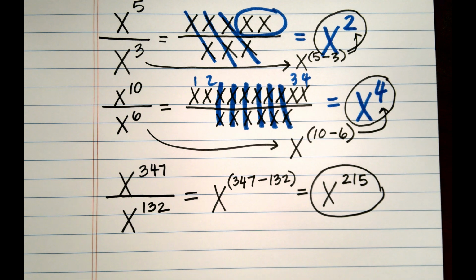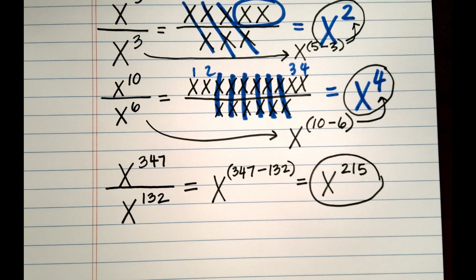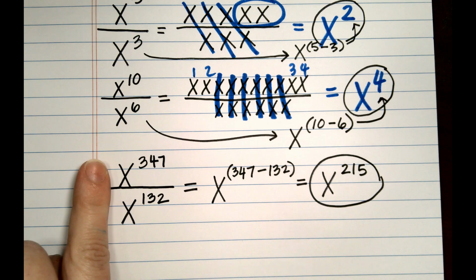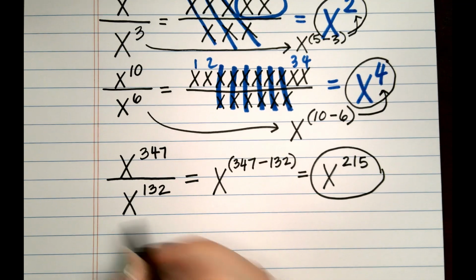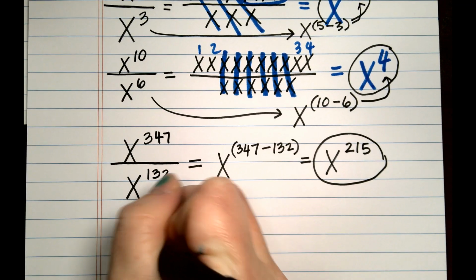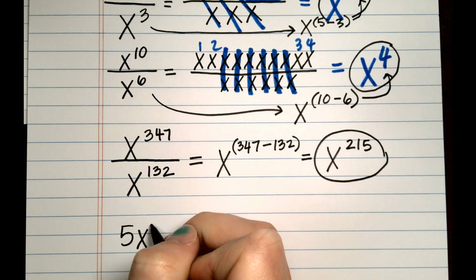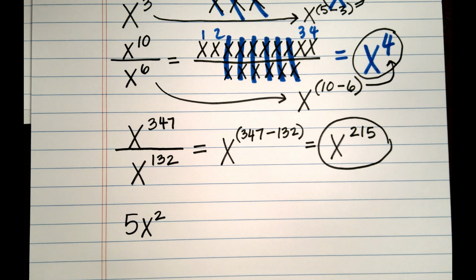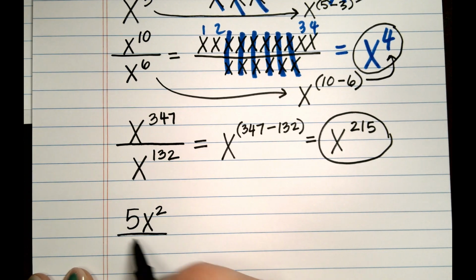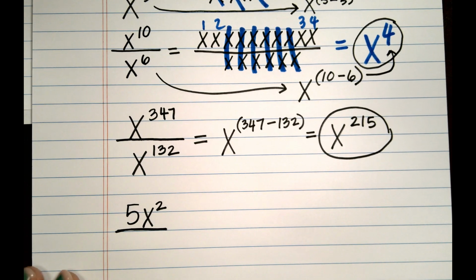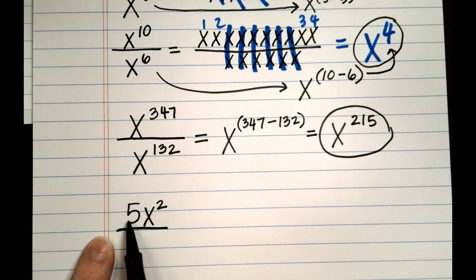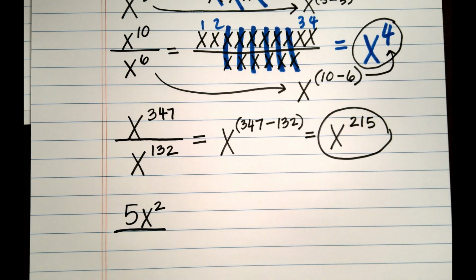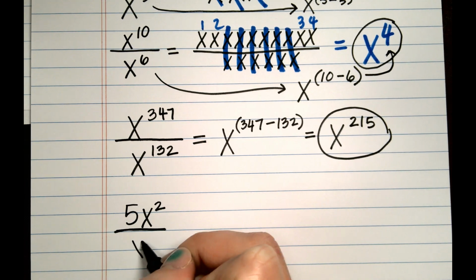What if I start throwing coefficients in there? Do you know what a coefficient is? A coefficient is a number in front of a variable. So if I had like 5x squared, 5 is my coefficient. So let's say I have 5x squared divided by x.